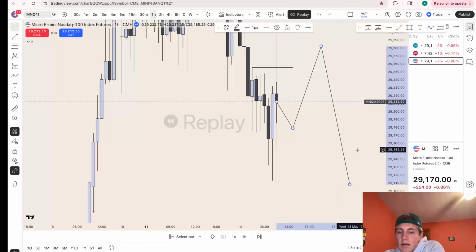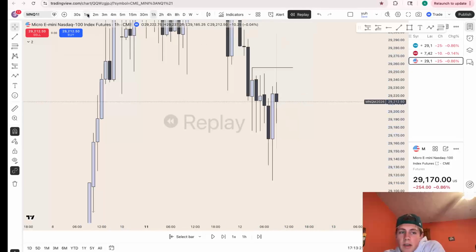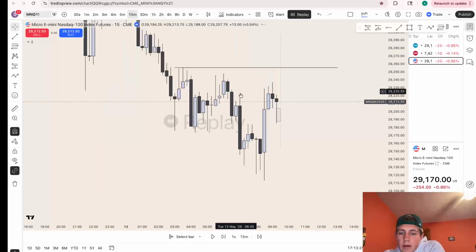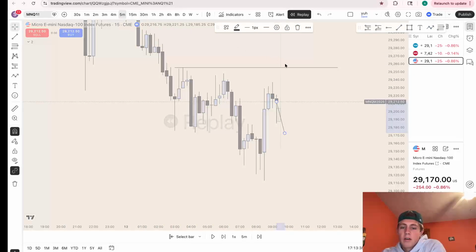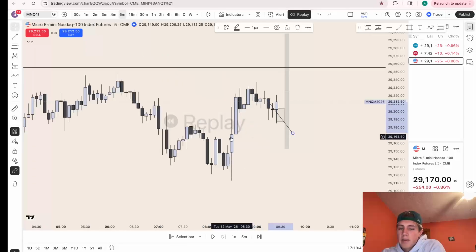Something like this. But with that being said, on the lower time frame, we were in a 15-minute fair value gap. So I was looking to see a resweep of this low. Now, this is a really important thing. If you have a higher time frame gap, there's oftentimes lower time frame gaps beneath.